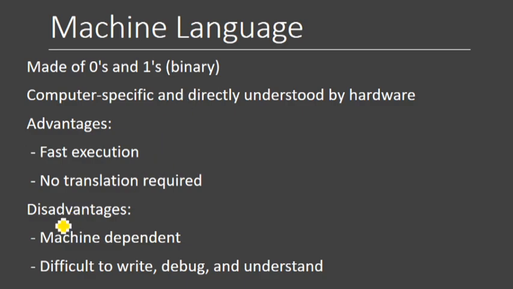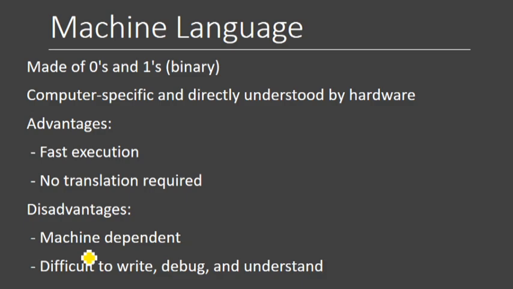What are the disadvantages? This machine language is machine dependent. Here I am using a processor, and for this processor you have to write a separate machine language. If you are going to use another processor, you should write other zeros and ones. Depending on the processor, that machine language may vary.